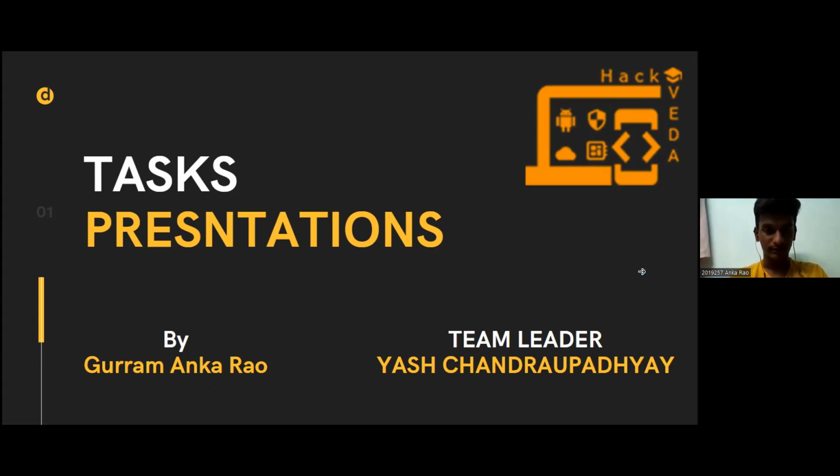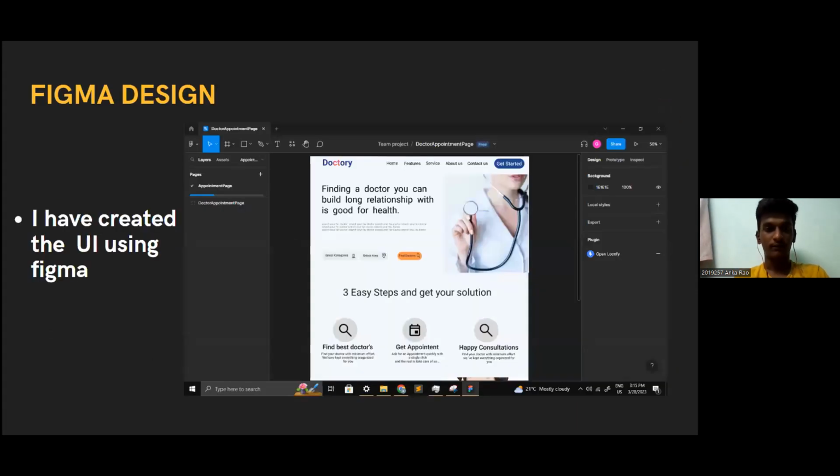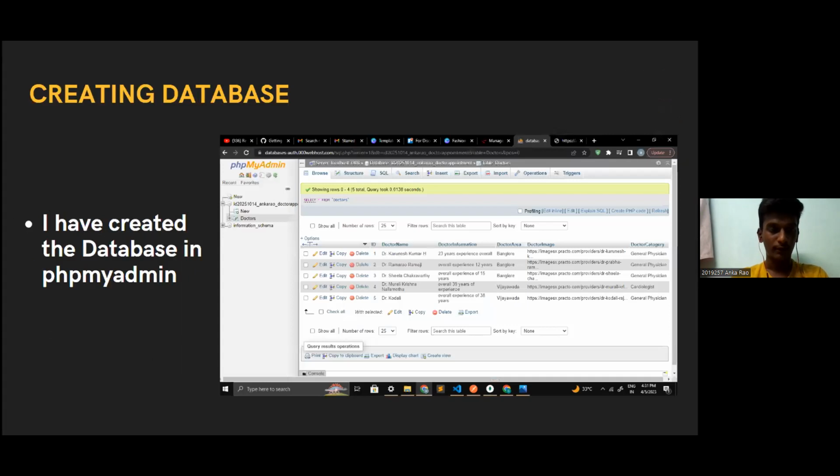Firstly, I will present my task 1. It is a doctor appointment web page. Firstly, I have created the UI of the website in Figma design. And then I have created the database for the doctor's appointment page in phpMyAdmin.